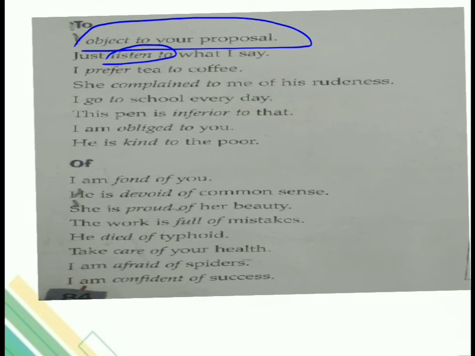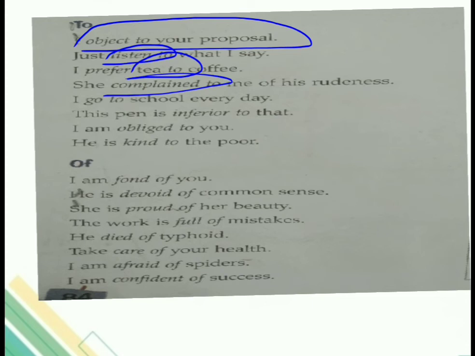So with listen we use to. I prefer tea to coffee. The other preposition that is mostly used is I prefer tea over coffee, that is also applicable, but here we can also use to. She complained to. Now you know, with complaining we write to. She complained to me, she complained to her, right?